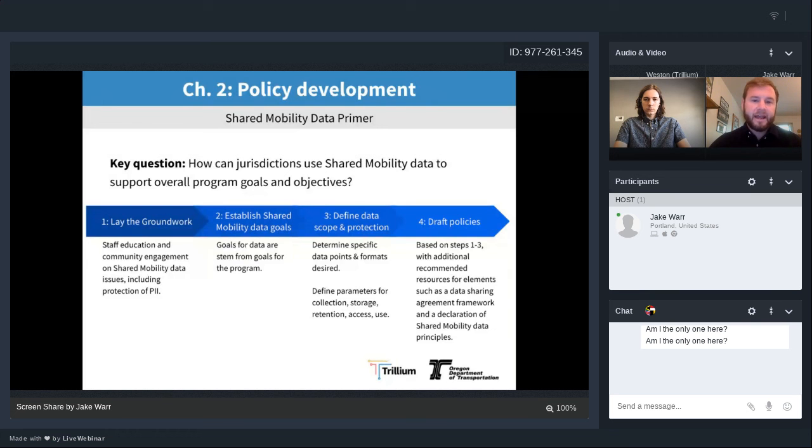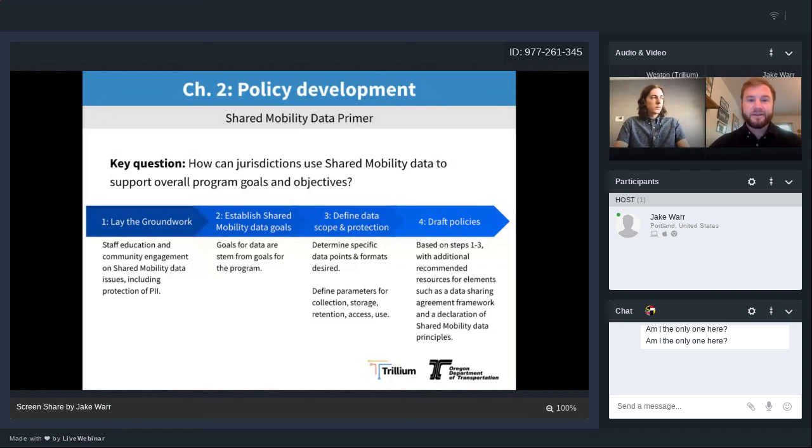A lot of these have a series of questions that we recommend jurisdictions ask as they're going through this process. Starting with laying the groundwork, making sure that those who are going to be responsible and involved in a shared mobility program are educated on the laws, regulations and statutes related to shared mobility data.